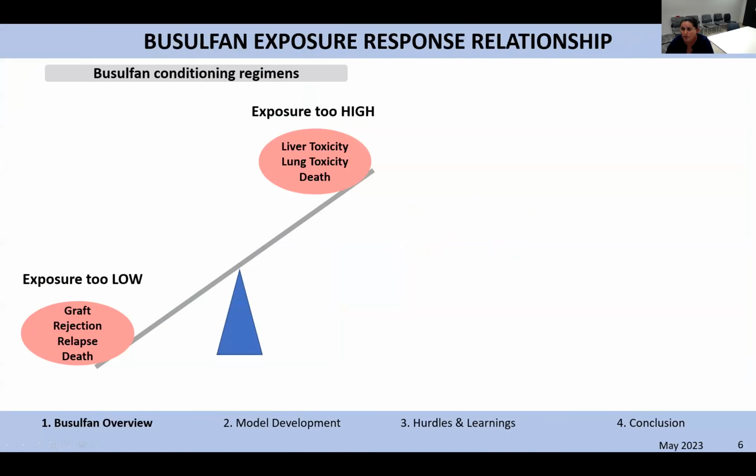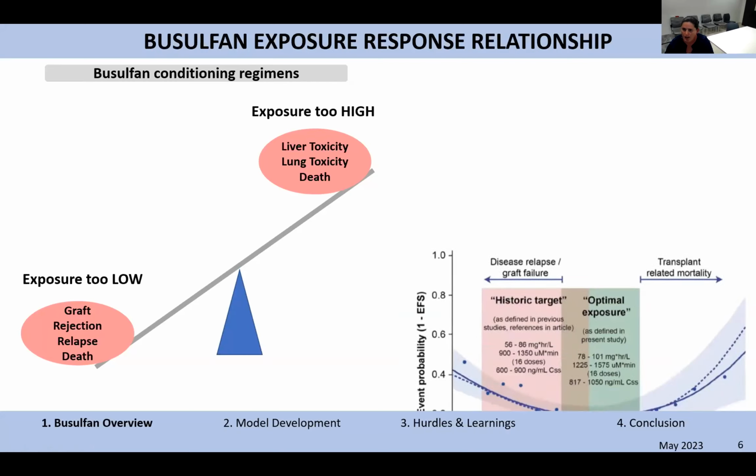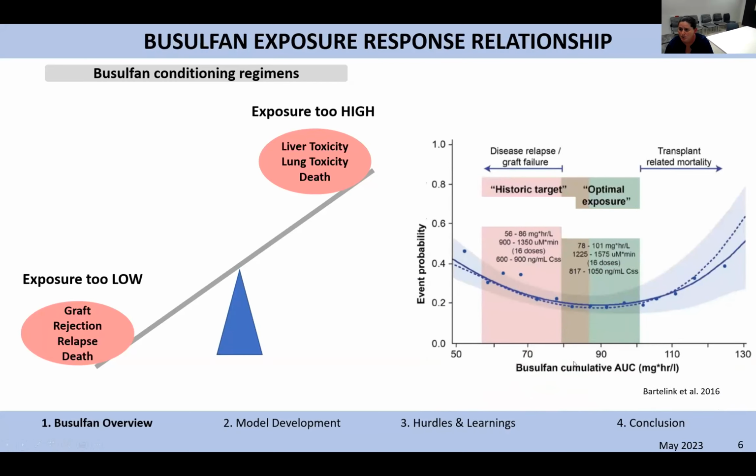Busulfan has a well-established exposure-response relationship. Too high an exposure over the typical 4-day course increases your risk of liver toxicity, lung toxicity, and transplant-related mortality, and ultimately, unfortunately, death. Exposure that is too low increases the risk of graft rejection, relapse, and also death. A large paper published by Bartelink and colleagues gave us an optimal exposure target window of between 78 and 101 milligrams per litre by hour.